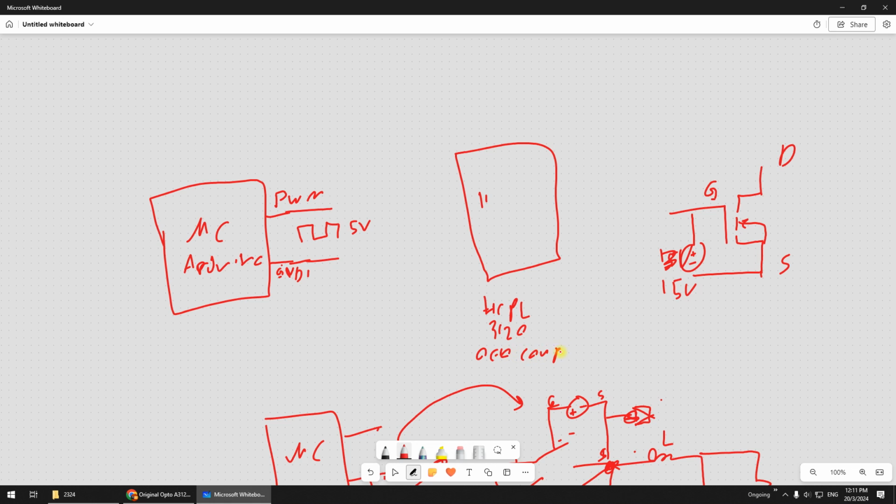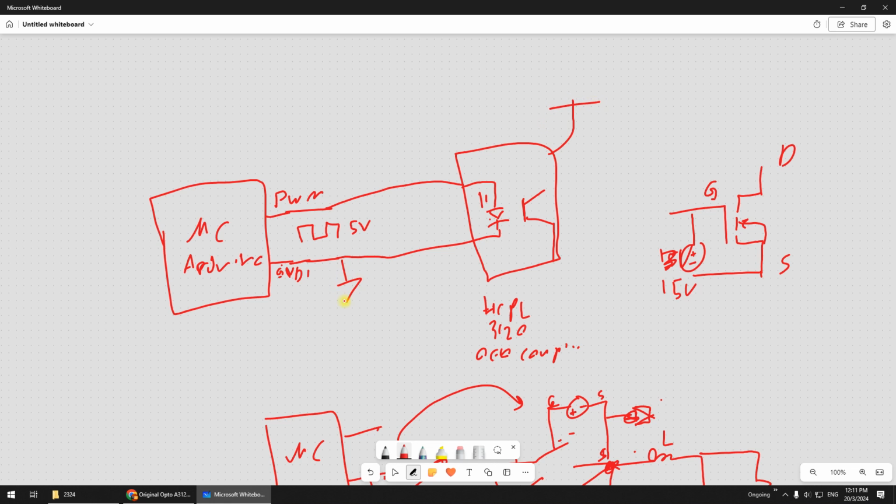Optocoupler. So basically what it does is, you give a signal here. It has an LED inside here, and then it goes back here, and then it has some sort of what you call LDR, something like that. So it has switches, and you have to supply a different power supply.